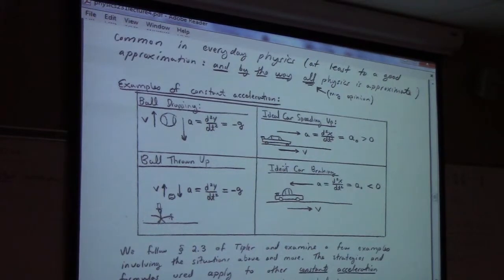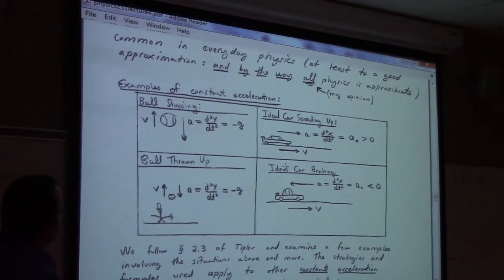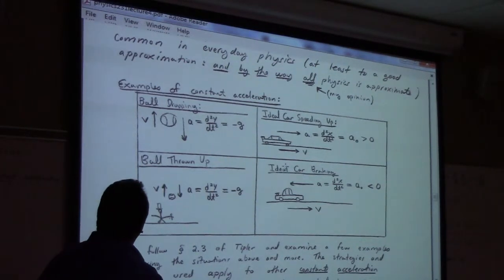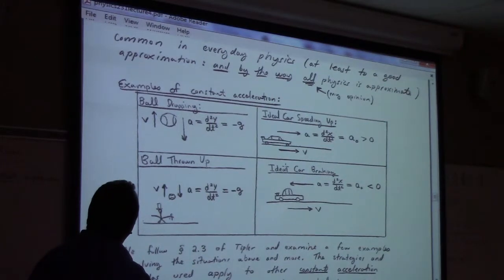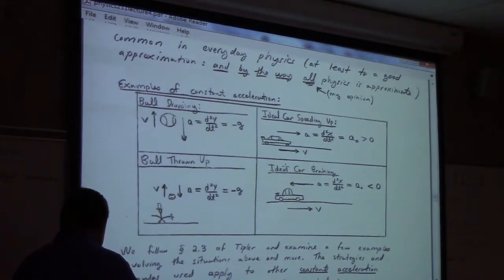Finally, the picture I want to show you guys. So this has some different cases. If you're thinking about a ball dropping, what? Oh man! I could blame cats, but we know it's just me.